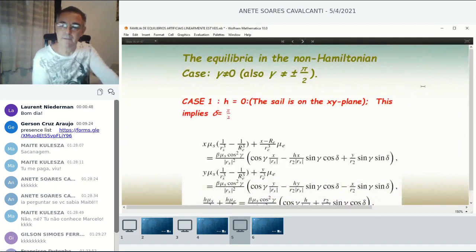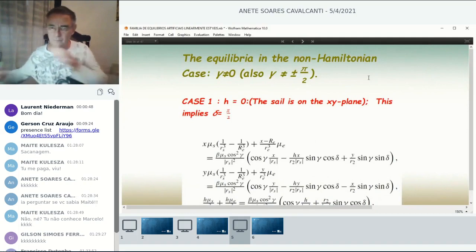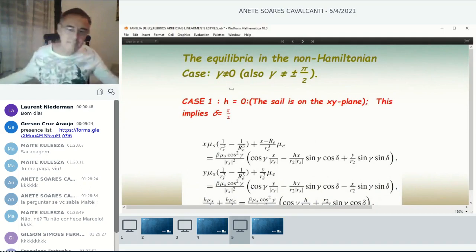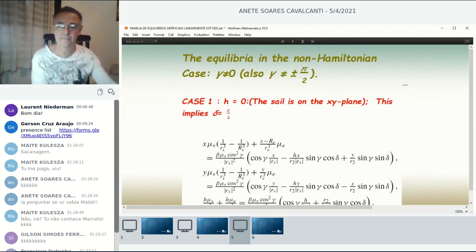Okay, we repeat the above analysis now for the non-Hamiltonian case. Excuse me. So now gamma is different from 0, and we studied several cases. We studied the cases that we consider more important to us.